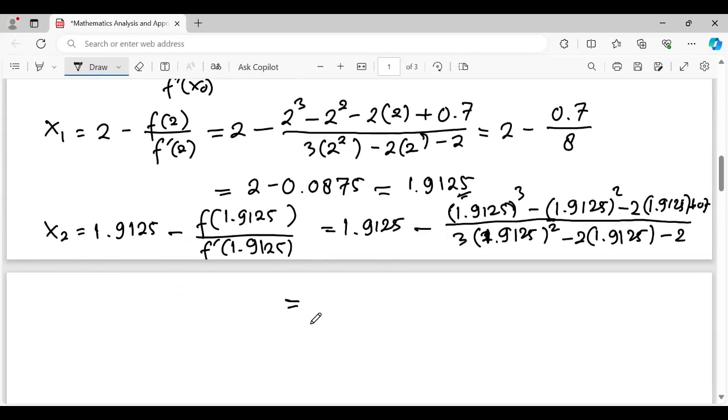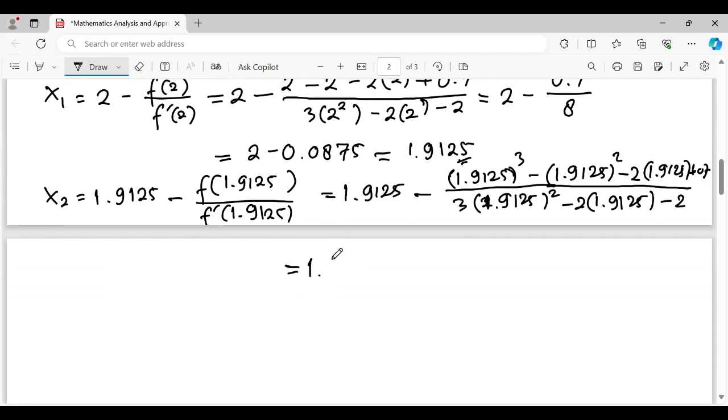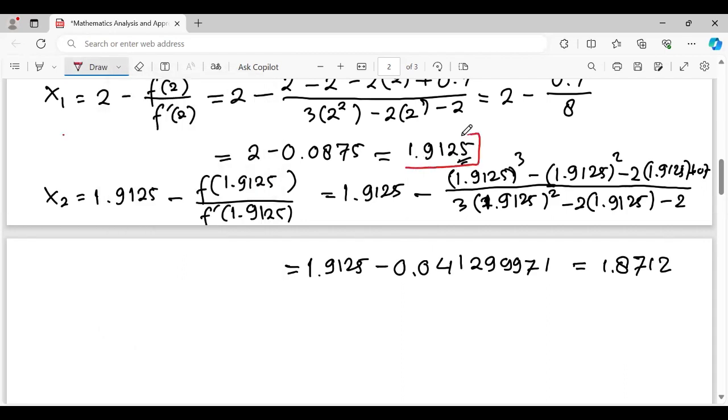And it's going to be 1.9125 minus 0.04129971, which equals 1.8712. So the result is this one.